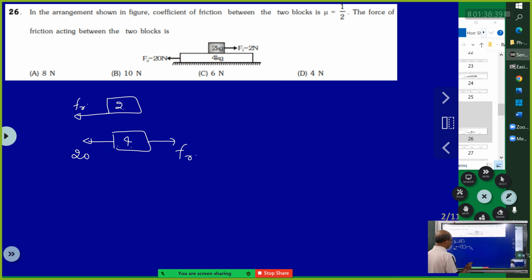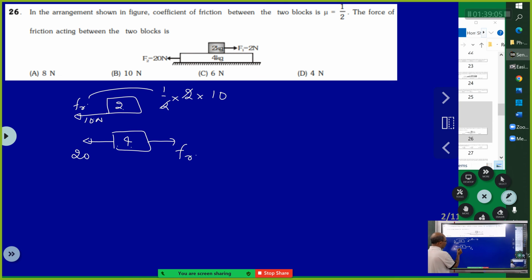Under this circumstance, the frictional force will be mu, which is half, times mg, taking g as 10. So there will be 10 newtons.